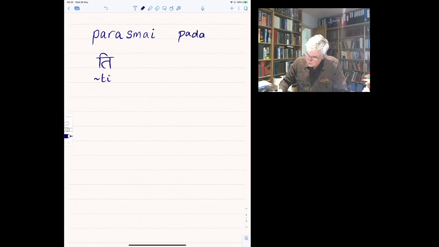And the dual, sorry, the long ah, it's a short a. The dual in tah and the plural in anti.